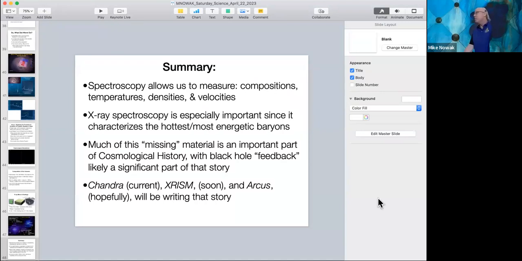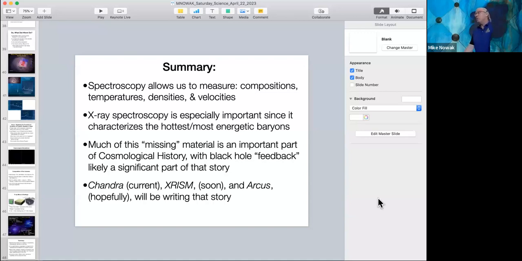I think another question. Oh, what was the first detection? The first detections of X-rays were rocket flights, late 60s, early 70s, and then there were early satellites.